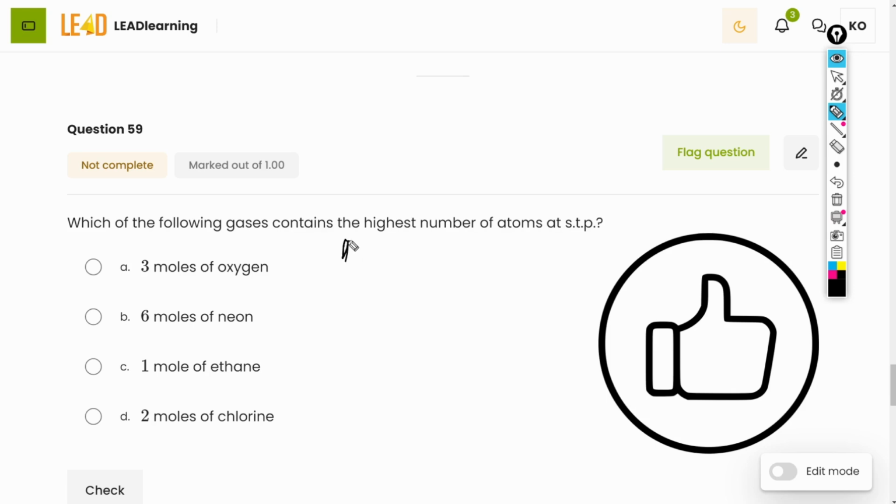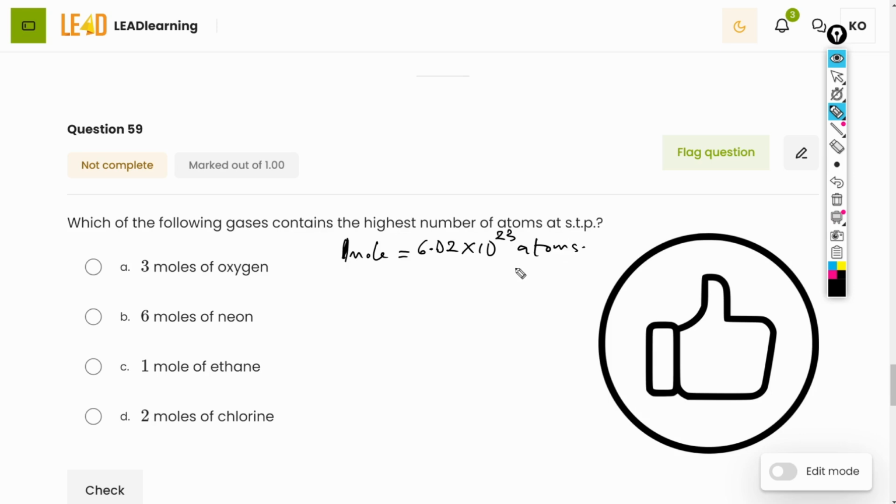Avogadro's principle states that 1 mole of any substance will contain 6.02 times 10 raised to the power 23 particles. That 1 mole of any substance at STP will contain this number of atoms.